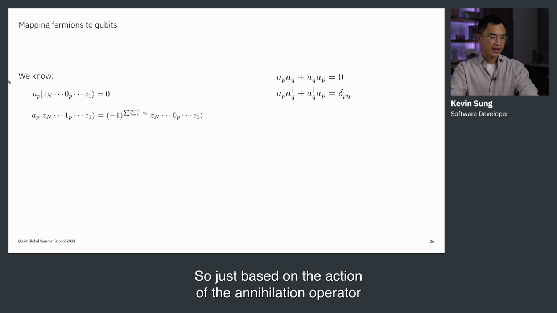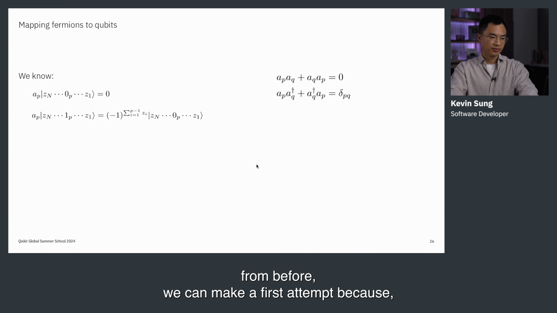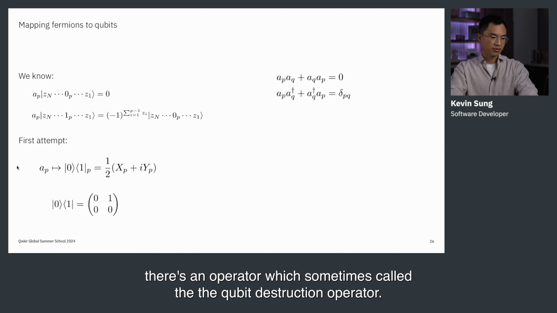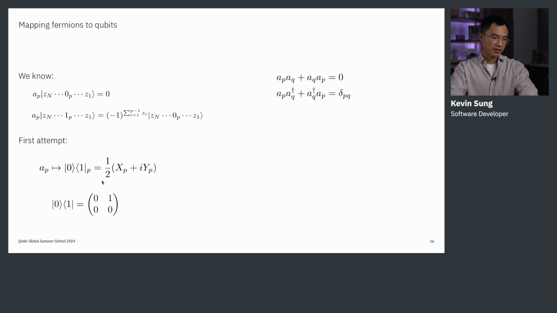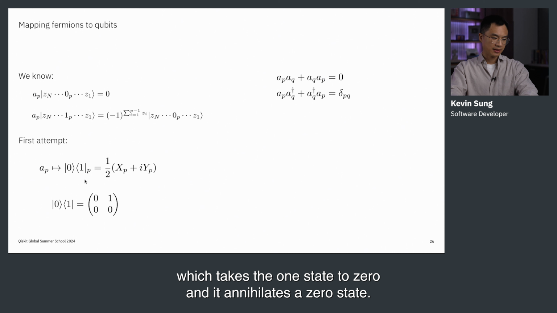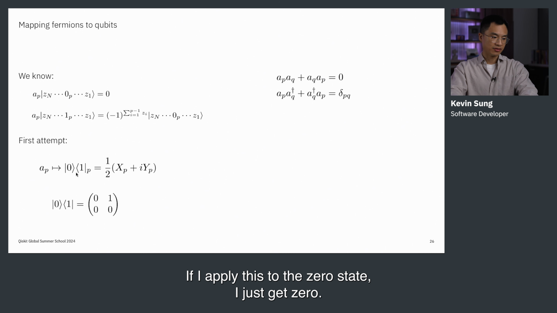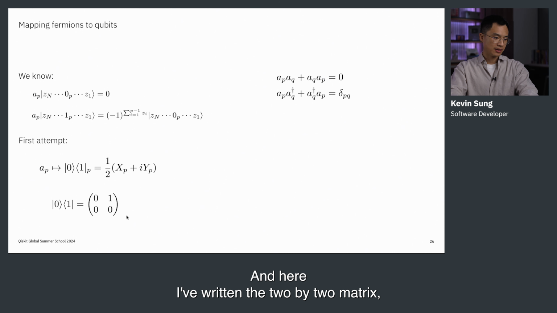Just based on the action of the annihilation operator from before, we can make a first attempt, because there's an operator which is sometimes called the qubit destruction operator. We can try mapping the annihilation operator onto this operator here, which takes the 1 state to 0 and annihilates the 0 state. If I apply this to the 0 state, I just get 0. And here I've written the 2 by 2 matrix that this operator represents.